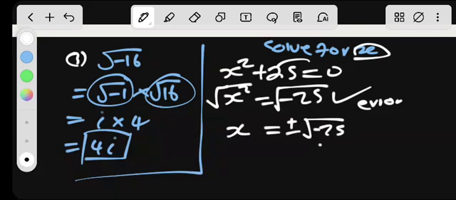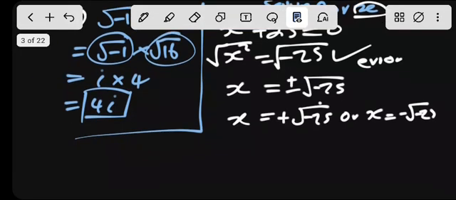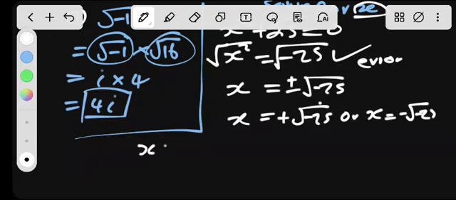But we have not finished there. You must know that x would be plus the square root of minus 25, or x can be equal to negative the square root of minus 25. I'm running out of space there, but let me write it here. We know, guys, we have talked about this.